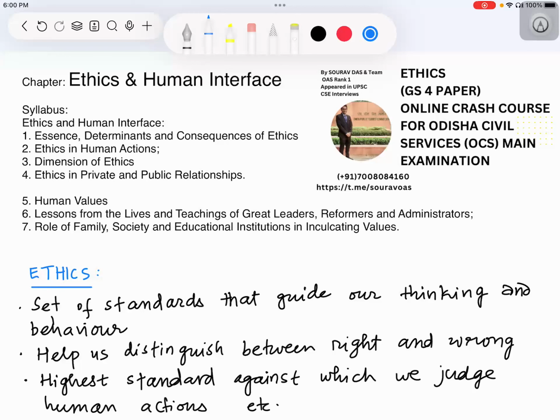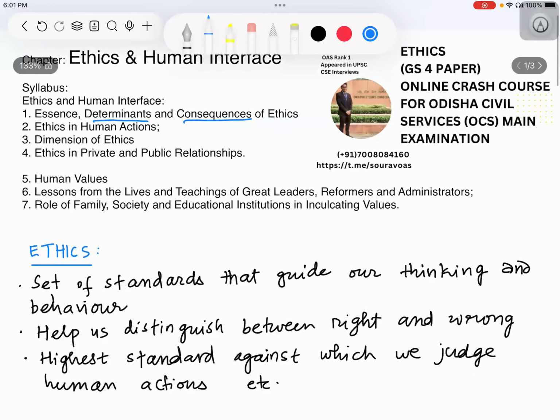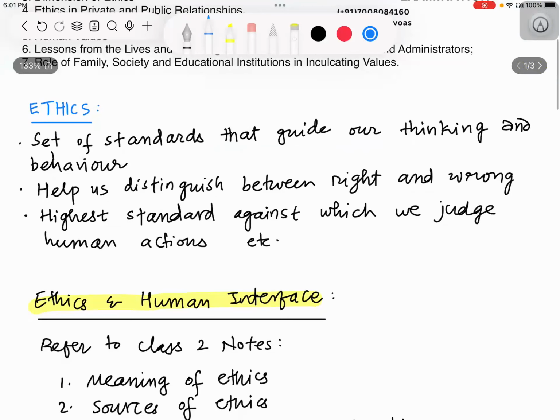For example, you see here the essence, determinants and consequences. Determinants and consequences I have already done. In a few other topics of the syllabus also, in the second class we have done some part of it, correct? We'll see. So today we are going to study this part, ethics and human interface.